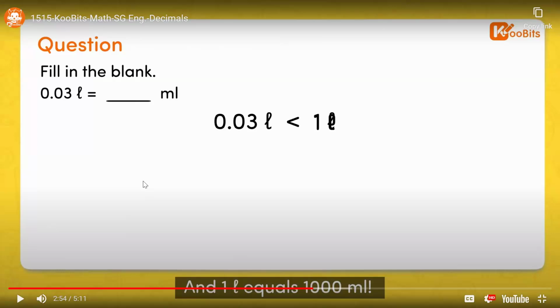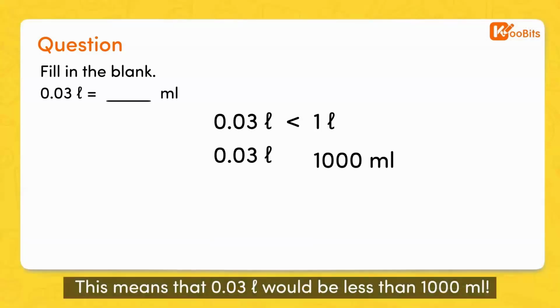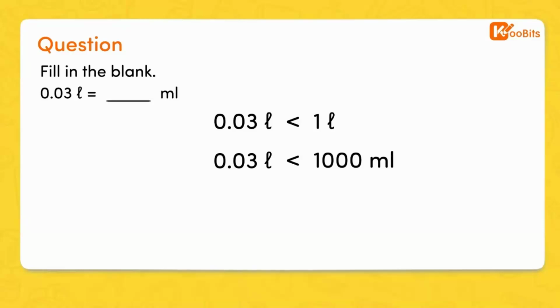So what is the answer? 0.03 liters, it's not 3 meters. 0.3. Are you sure? Yes. 1,000 milliliters. This means that 0.03 liters would be less than 1,000 milliliters. Okay. So it cannot be 3,000.